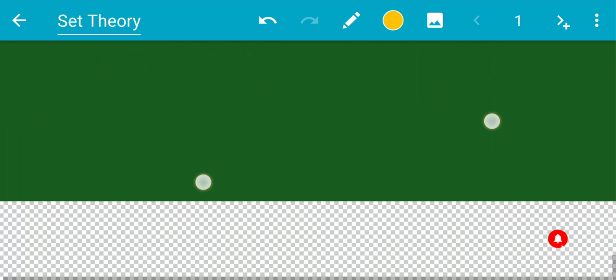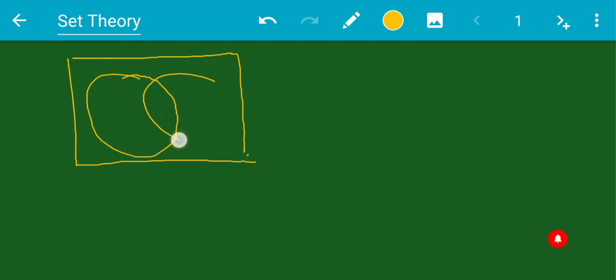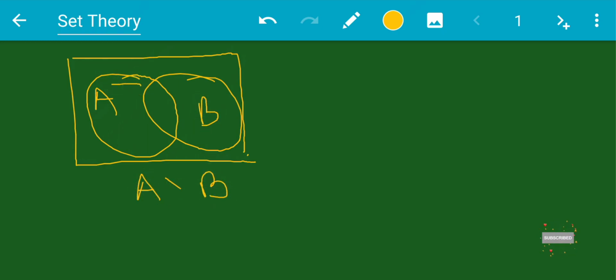Now what about difference? For difference, what is the Venn diagram? If this is A and this is B, what is A difference B? It is just the portion of A, not this common part. You exclude this common part.